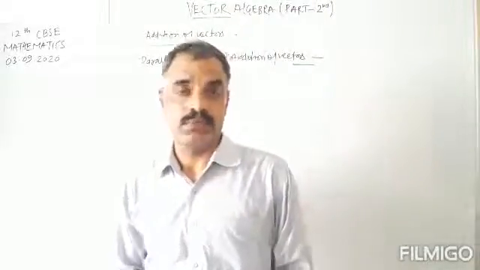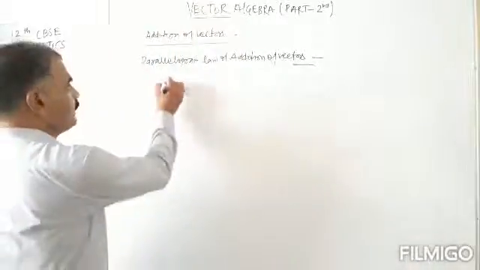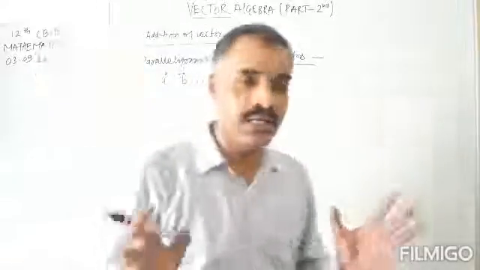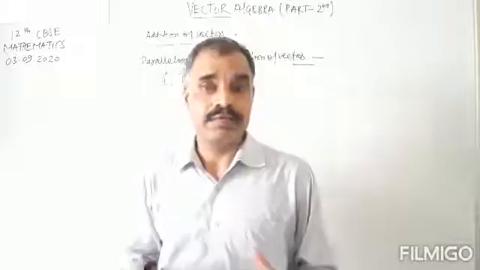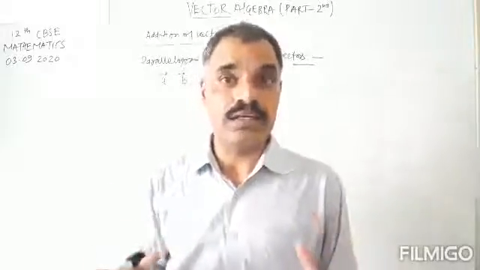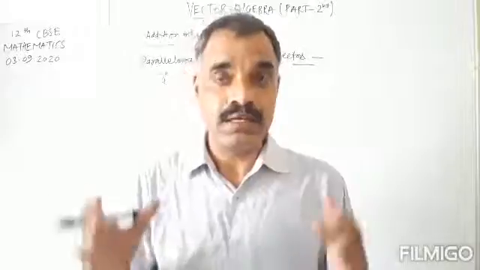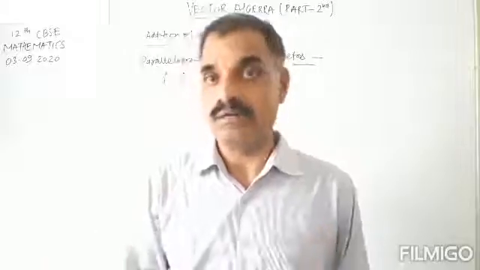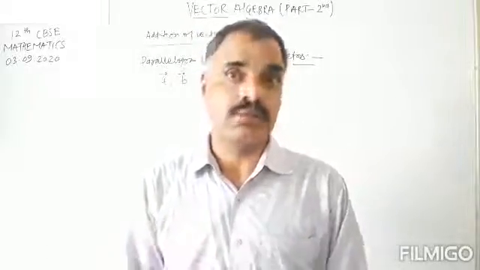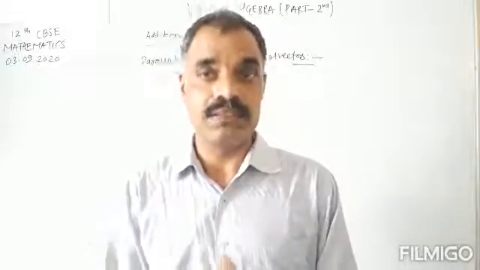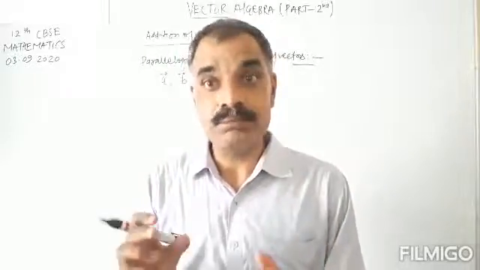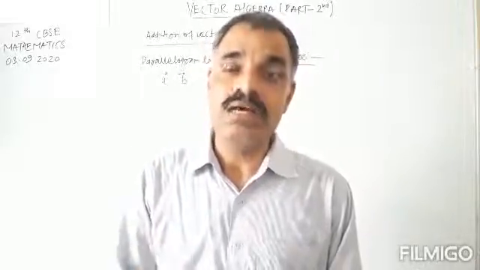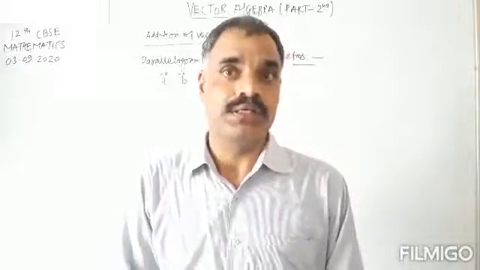Let A vector and B vector be any two vectors, represented in magnitude and direction by two adjacent sides of a parallelogram with the same initial point. Then their sum, C vector, is represented by the diagonal with the same initial point.